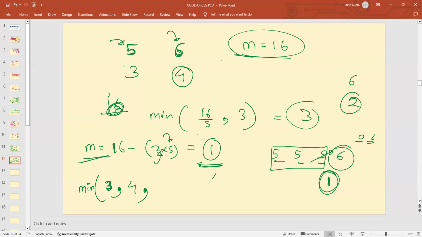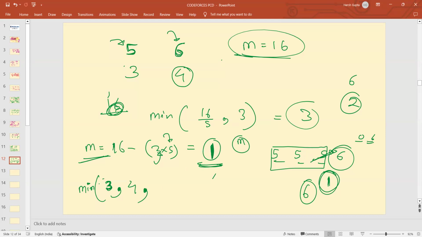Now the cost that I am left with will be some m. If my left out cost is 1, will I replace all these flowers containing 5 petals with flowers containing 6 petals? The answer is no. You can observe over here. I will replace only one flower, isn't it?